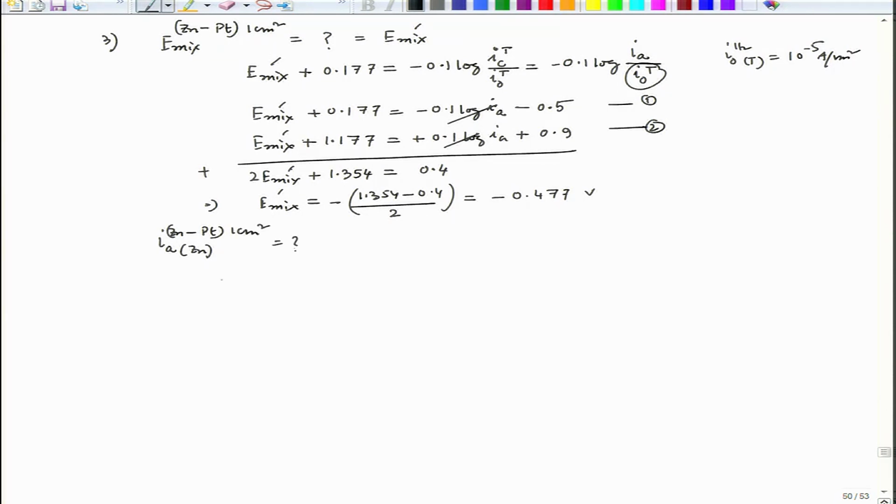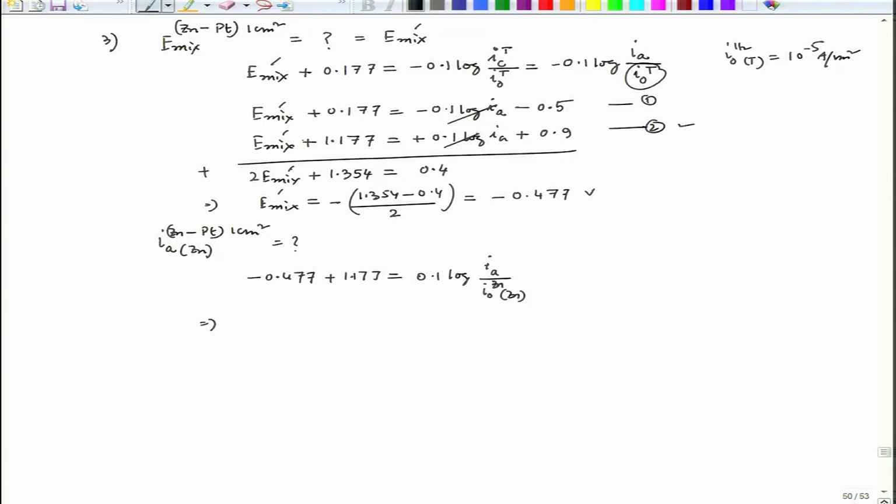So if we take equation 2, minus 0.477 plus 1.177 equal to 0.1 log IA by 10 to the power minus 9, because I 0 here I have to take I 0 of zinc over zinc surface.